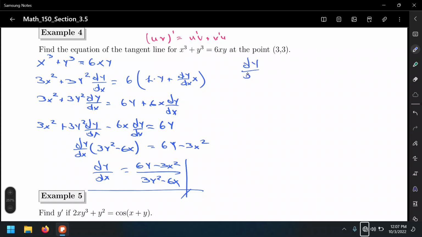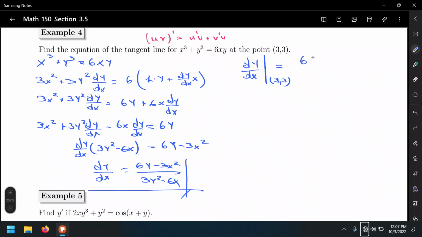So dy dx will be evaluated at, this bar means evaluated at, the point (3, 3). Wherever we see the letter x, we're going to plug in a 3. Wherever we see the letter y, we're going to plug in a 3 as well.